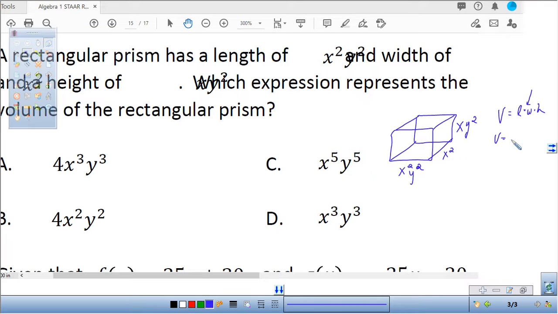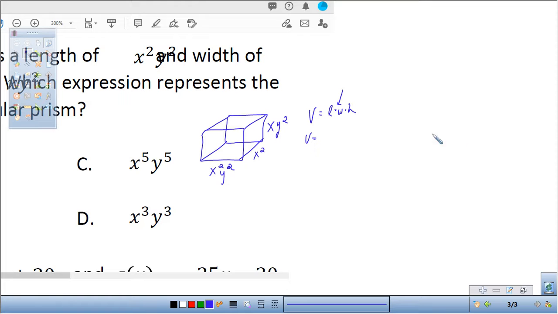So volume is equal to x squared, y squared, times your width, x squared, times x, y squared. So basically all of these x's go together. We're going to have x squared times x squared times x times y squared times y squared.